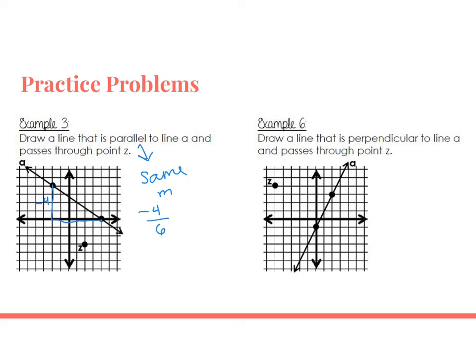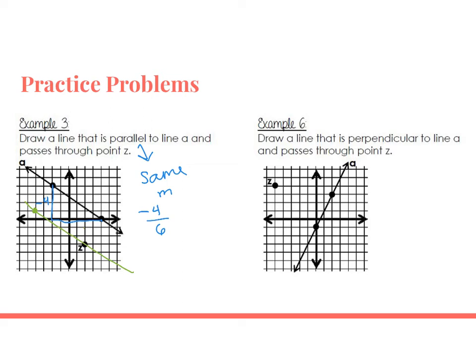So I can do the opposite. I can go up 4, 1, 2, 3, 4, and left 6, 1, 2, 3, 4, 5, 6. Because I still want my slope to be negative 4 over 6.